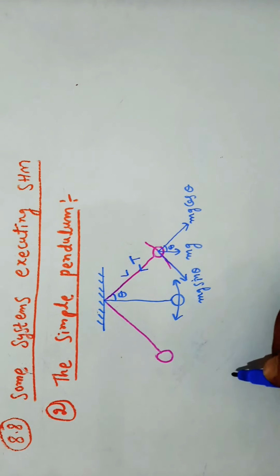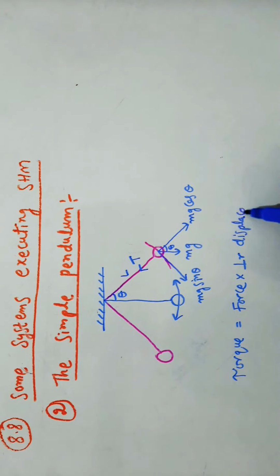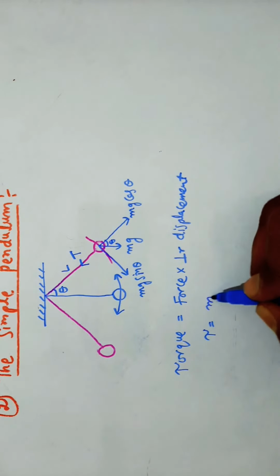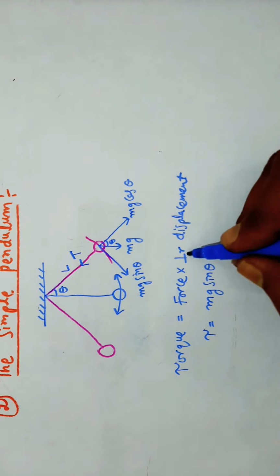So here torque is force into displacement. Which force do we have to take? Mg sin theta. So here tau is equal to mg sin theta into perpendicular distance.